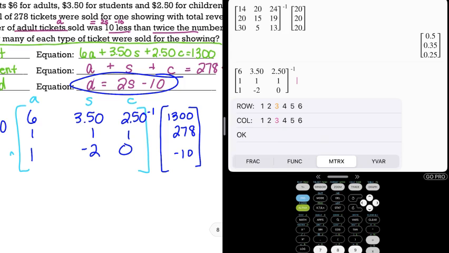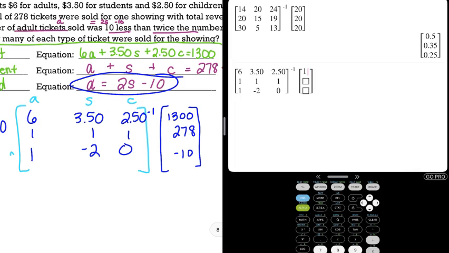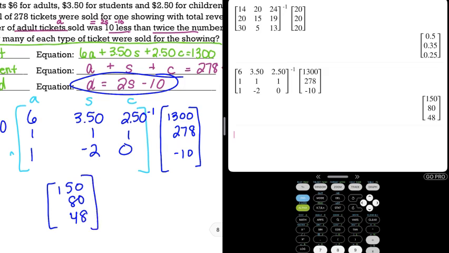Then hit the inverse button. Alpha zoom. Now we need a 3 by 1 to put our 1300, 278, and negative 10. Push enter. We get the same thing. 150, 80, and 48.